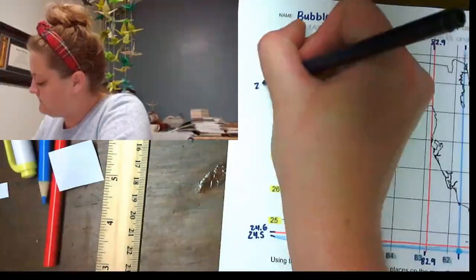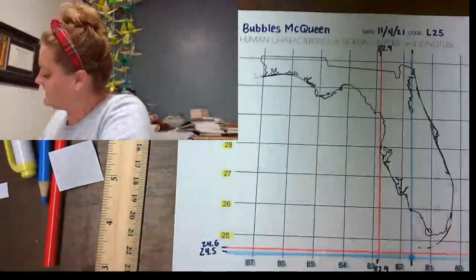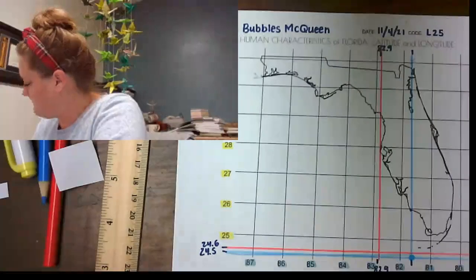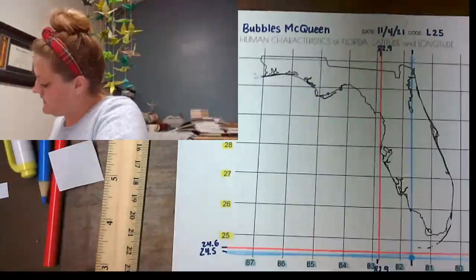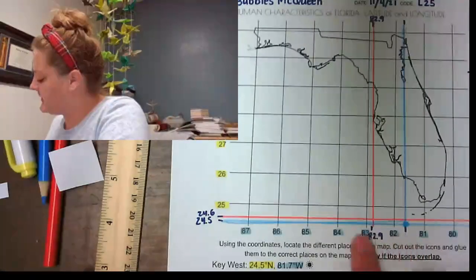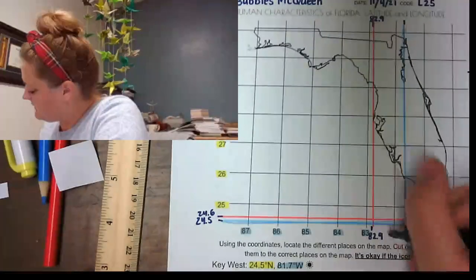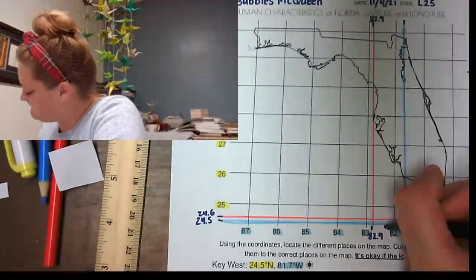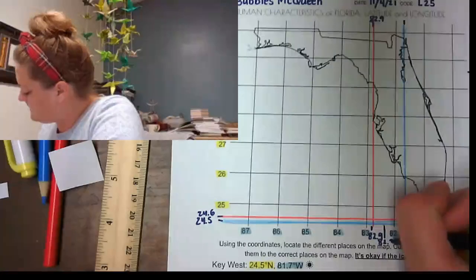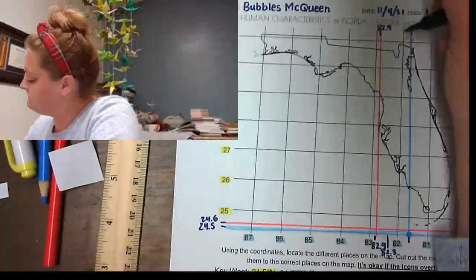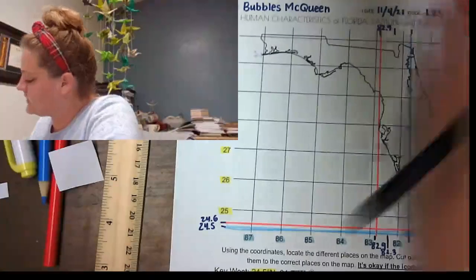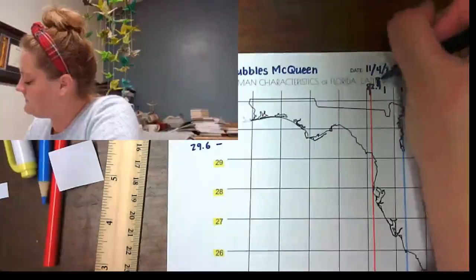And we're going to mark that on both sides. And then 82.3 degrees west would be between the 82 and the 83. I'm starting to run out of room over here. Mark it on the top and at the bottom.